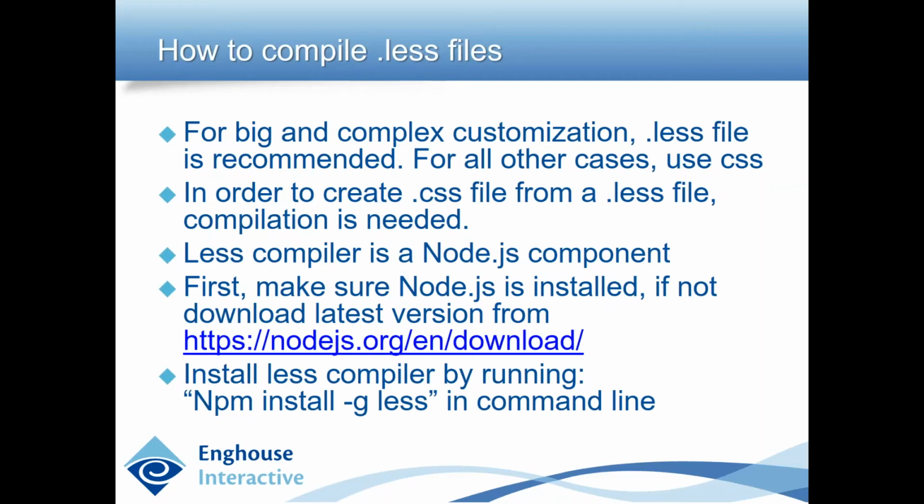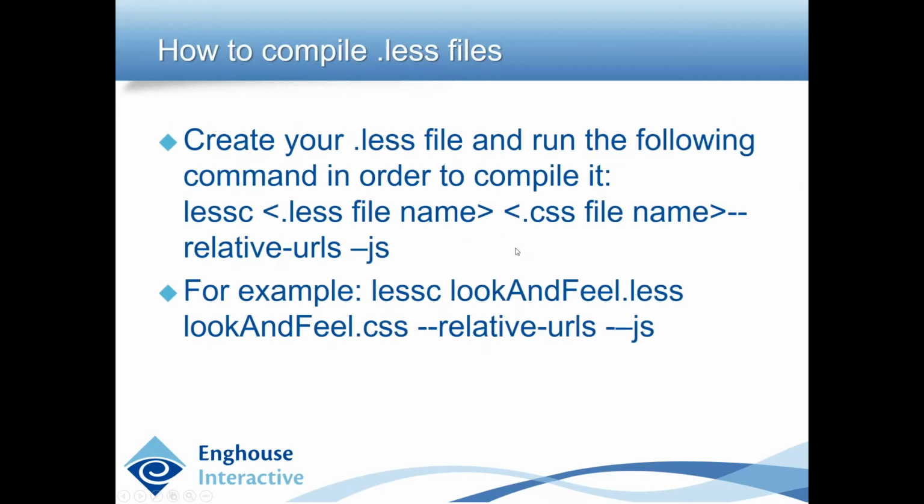In order to be able to compile a LESS file, you need a compiler. We found a very easy compiler running over Node.js. So first you need to install Node.js from this link, and then you just run this command to install the less compiler, and you have the compiler.